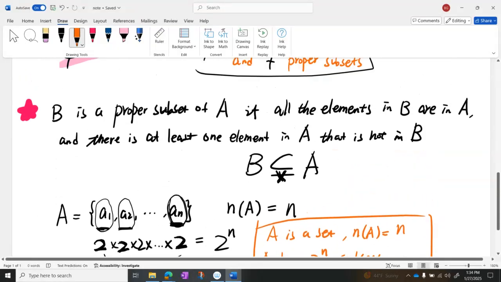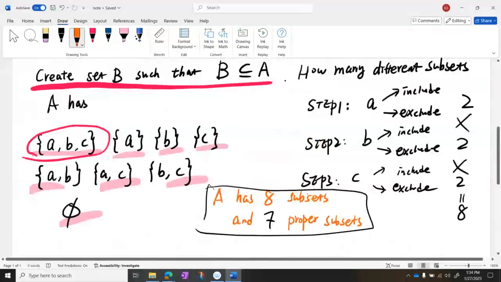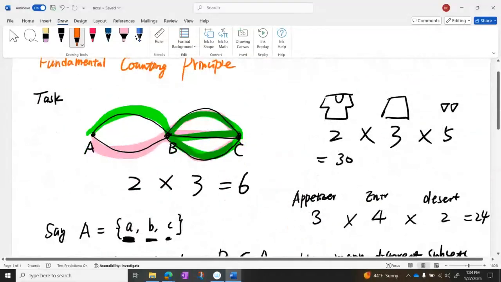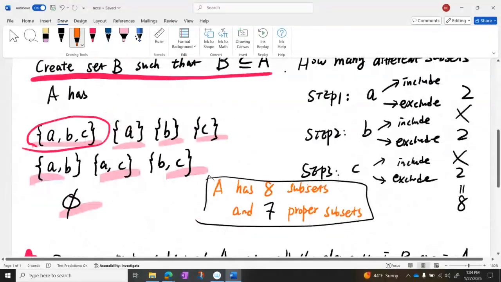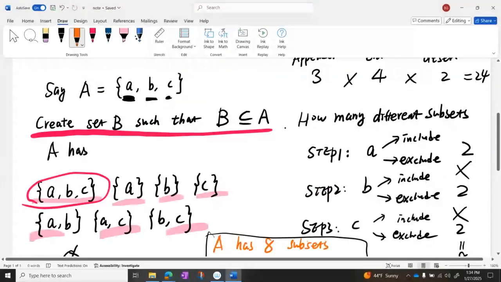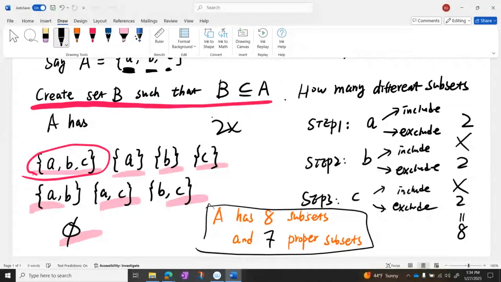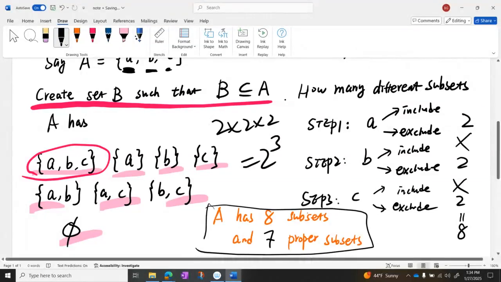That's the reason in the past half hour I'm talking about the process, right? We start from the fundamental counting principle, and then I give you a situation, the set has 3 elements, right? And we figured out if the set has 3 elements, it has 8 different subsets. How do we get the number 8? 2 times 2 times 2. That is 2 to the power of 3. 2 to the power of 3 is 8, right?